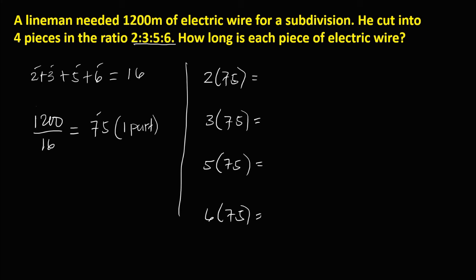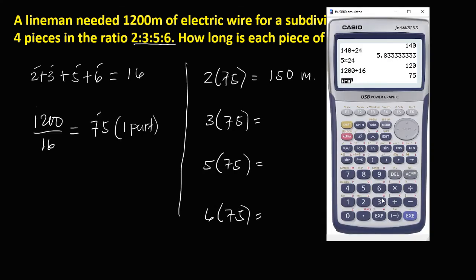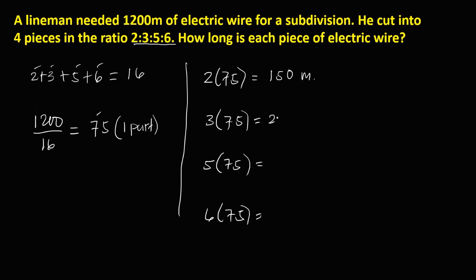So this 2 times 75, this one is 150 meters. This 3 times 75, that's 225 meters.